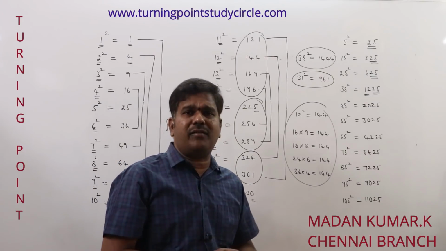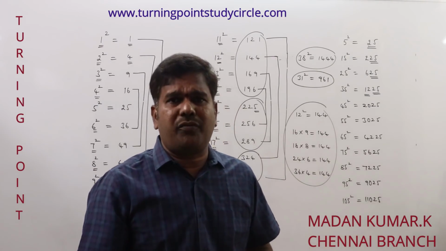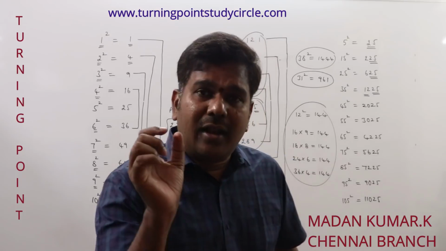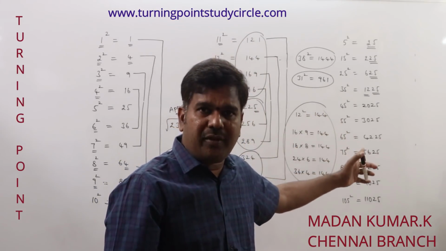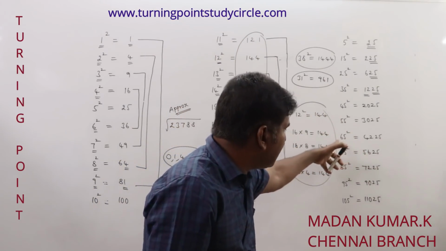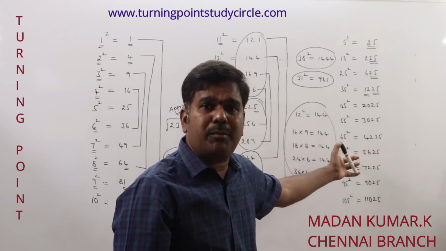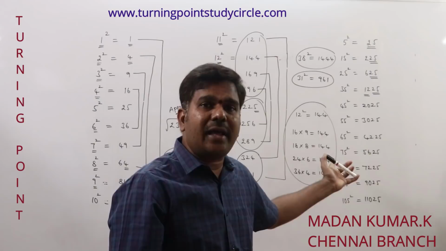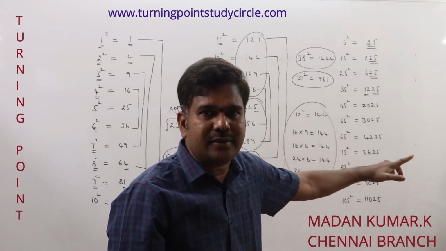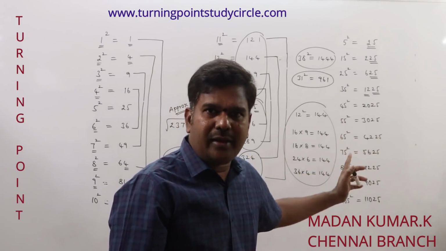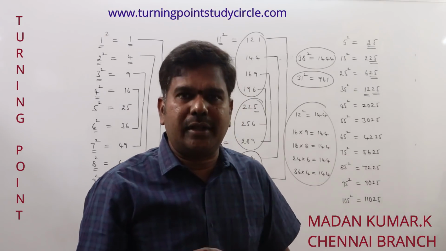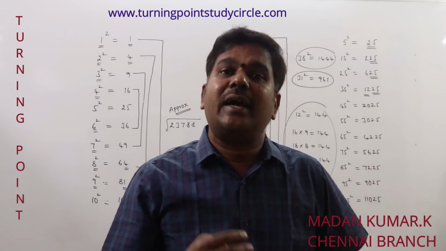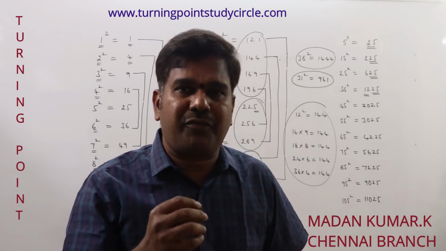So squares ending with a 5, we can easily find out. How? Because the last two digits will be 25. Apart from 5, whatever the other number is there, that has to be multiplied with the next consecutive number. Clear? So what we have learnt till now is up to 20 squares and also squares ending with 5.